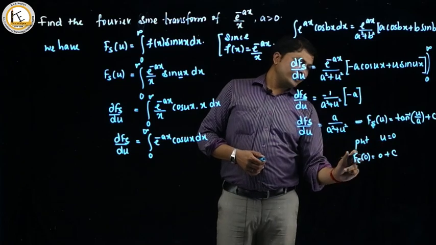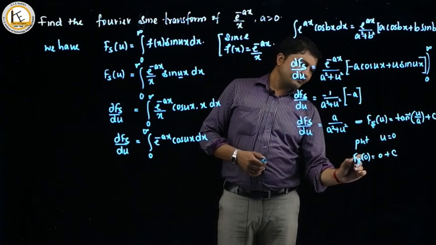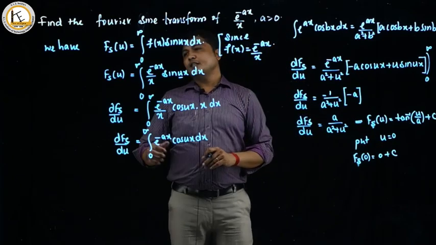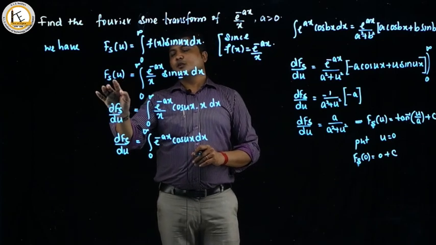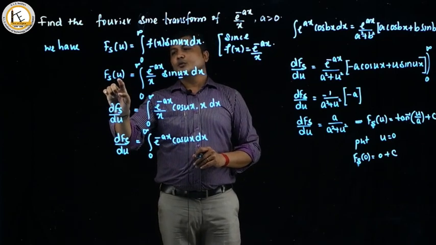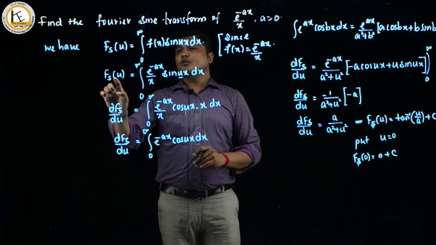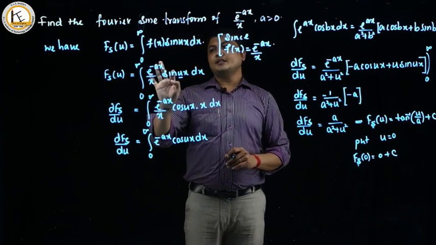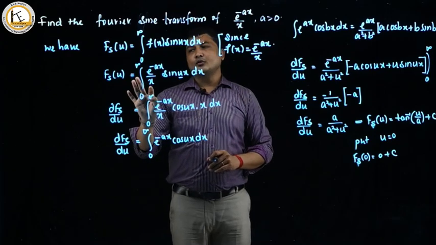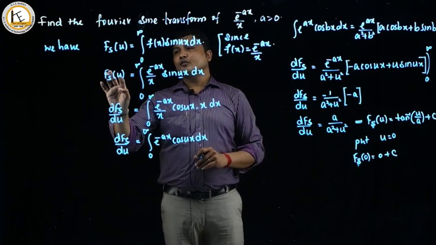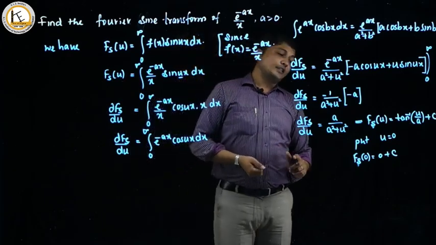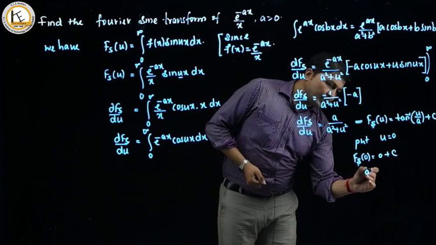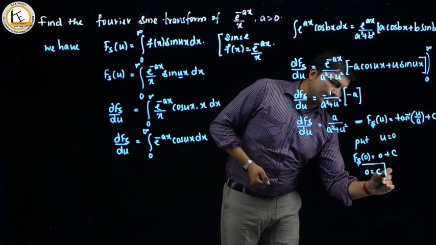Substituting u equal to 0 in Fs of u, the sin 0 becomes 0, and 0 into anything is 0. Therefore we can consider the value of Fs of 0 as 0, so the value of c is 0 here.